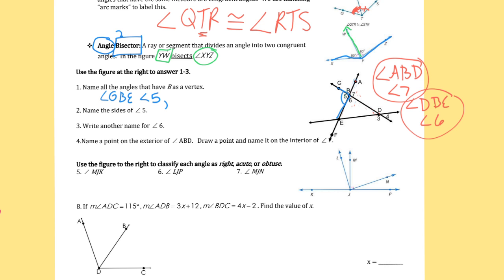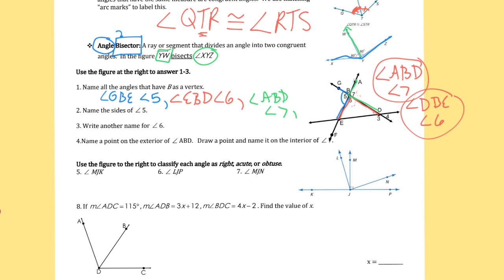You could talk about EBD, or you could name it angle 6. Kind of weird. We could do ABD, or angle 7, that's over here.